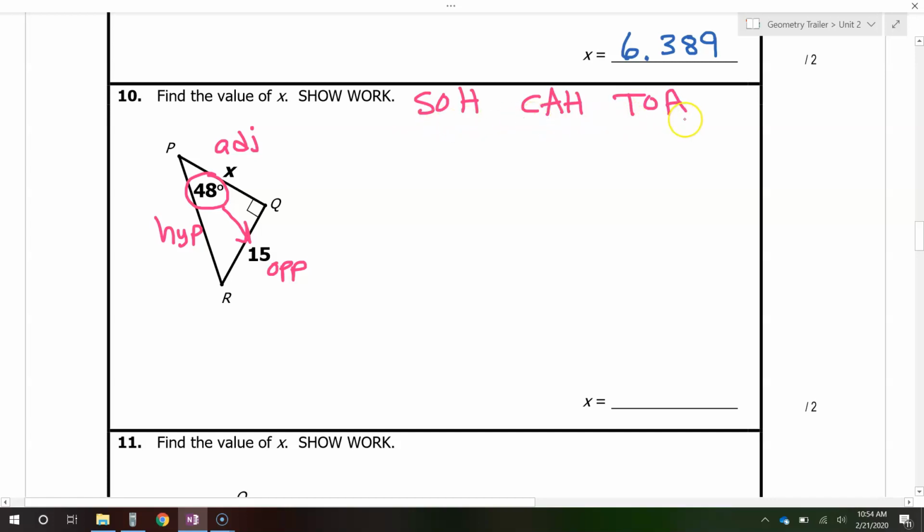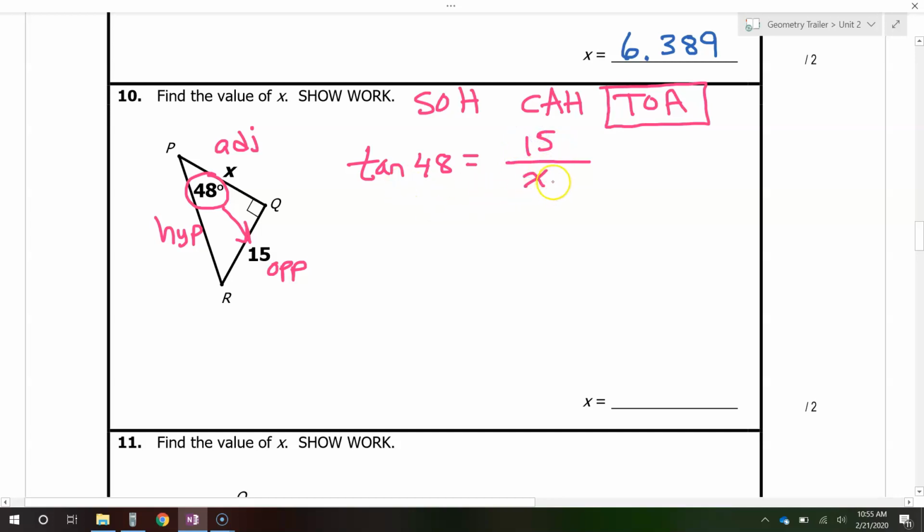Which one are we going to use? Look at the sides. We have x and 15. That's opposite and adjacent. So that tells us to use the tangent function, which is opposite over adjacent. So we will write tangent of the angle we circled is equal to opposite over adjacent, so 15 over x.